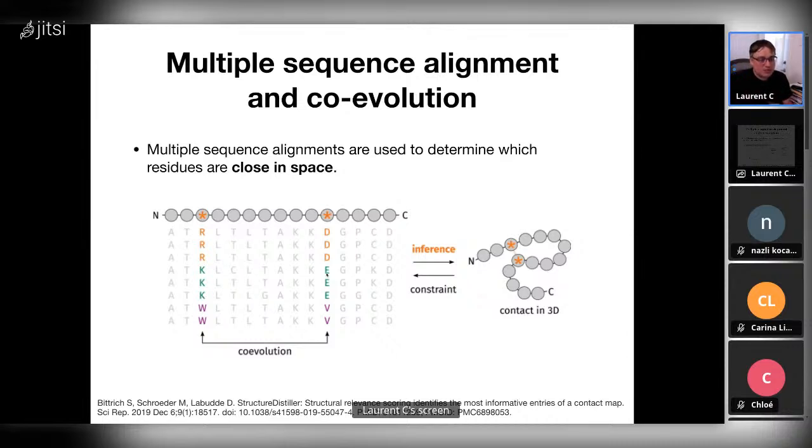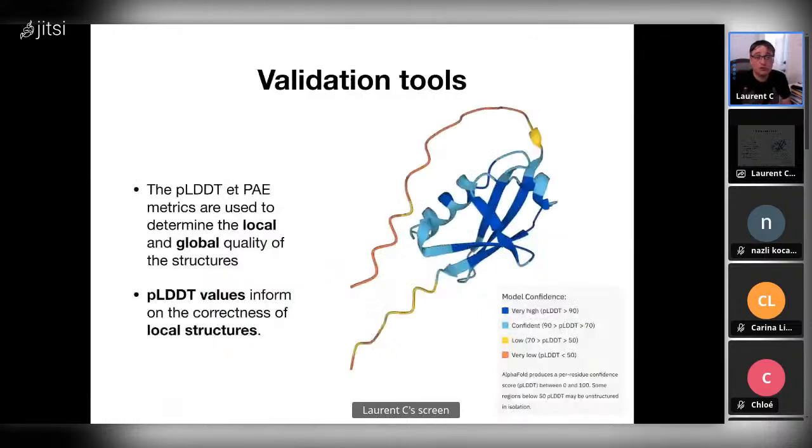So programs such as AlphaFold use the power of this multiple sequence alignment to generate a structure, but they also generate a couple of metrics so that you can assess the quality of the predictions. In fact, there are two main quality indicators.